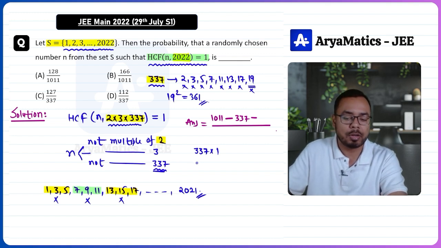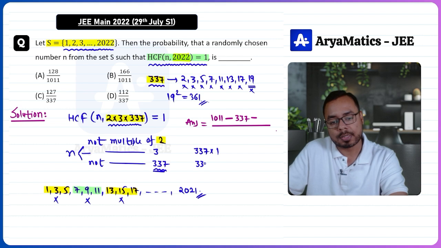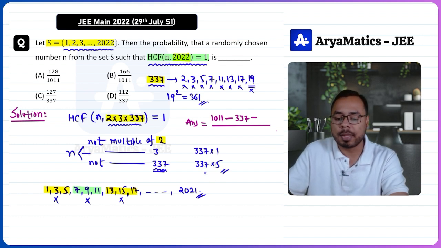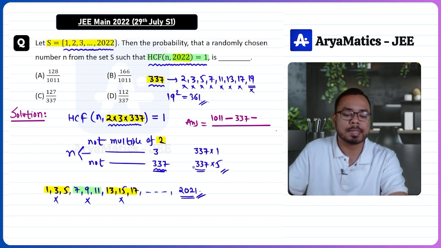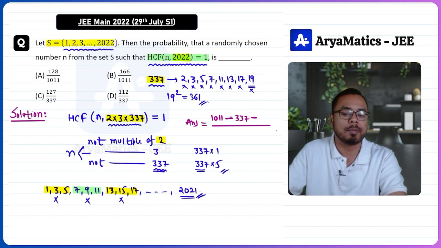And 337 into 4 will be an even number. So the next number is 337 into 5, and after that 337 into 7 will be bigger than this number. So these are the two multiples of 337 which are present in this series as odd numbers, and we have not removed them as multiples of 3, right?